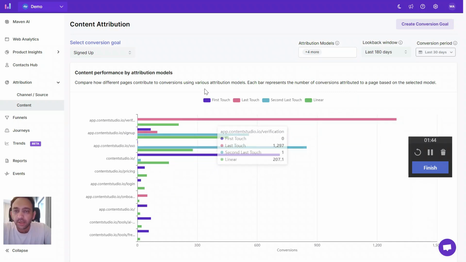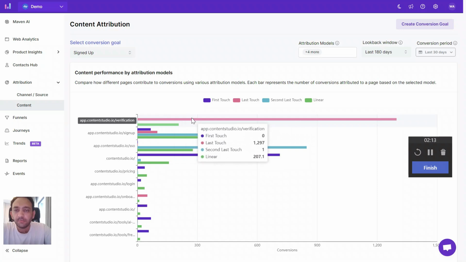First of all, you can look at the chart here. It gives you some important metrics, like what kind of pages people have visited and what kind of attribution model it was. For example, this is one of the pages that people have visited. By the way, this data is taken from one of our other projects, Content Studio, and some of the data is dummy to make it look as real as possible for this demo video.